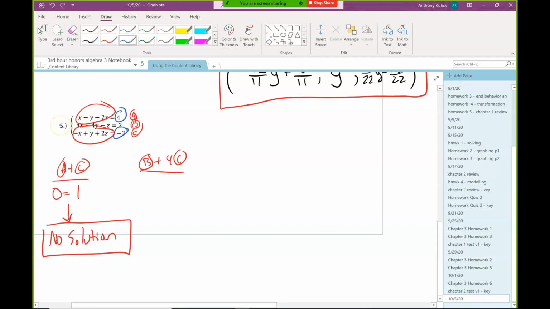You could make that explanation, or you could just add the 2 and show that 0 equals 1. I don't think what I did here is any less work than explaining what I just explained to you by looking at the equations. But either is fine with me, as long as you've clearly demonstrated how you knew it was no solution. I'd be fine with however you chose to do that.